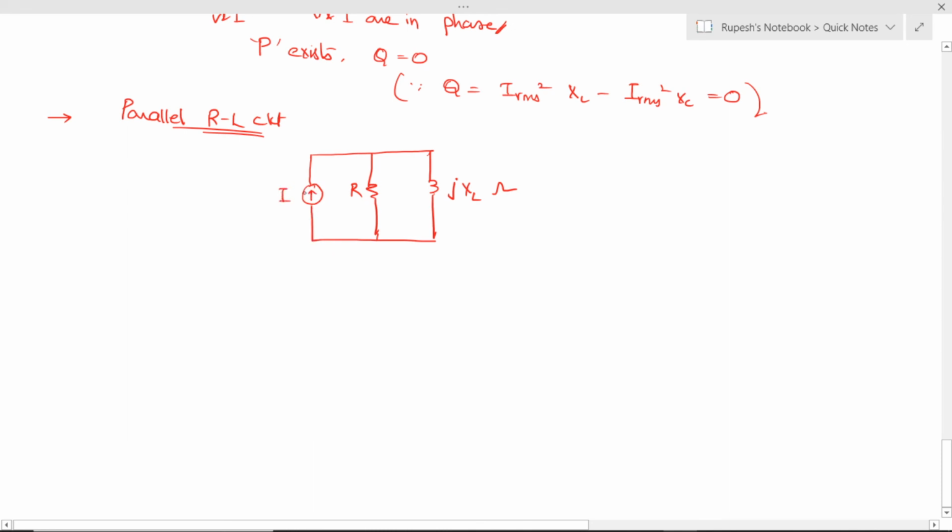So let us take a source current here. A source current is supplying current to both of these, which will be divided among these two impedances, and the voltage across both the elements will be the same.